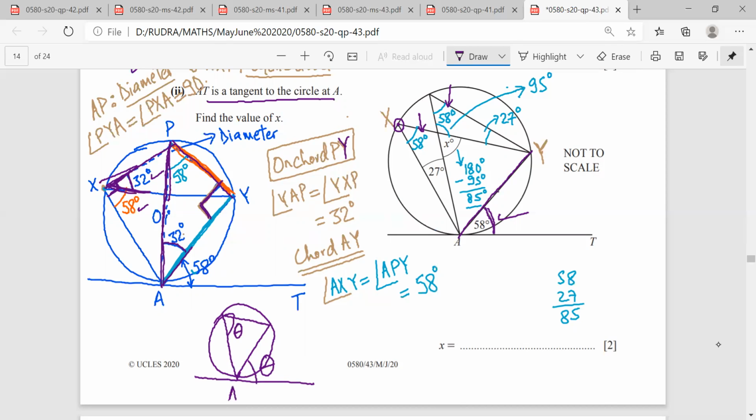So if I label this as A, P, Y, and I label this as X, we also understand that this chord AY would be making the same angle here also. So I can label this as P, and the same angle would be theta. So this is 58 degrees in this triangle. Let me name this triangle. Okay, so this is 58 degrees.